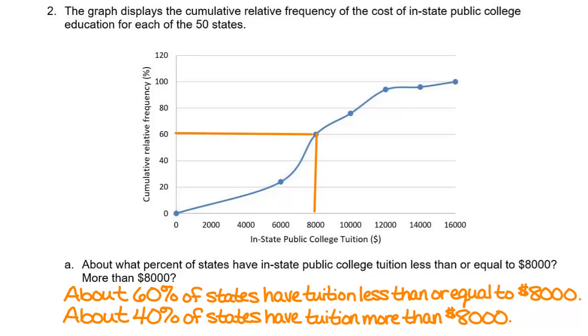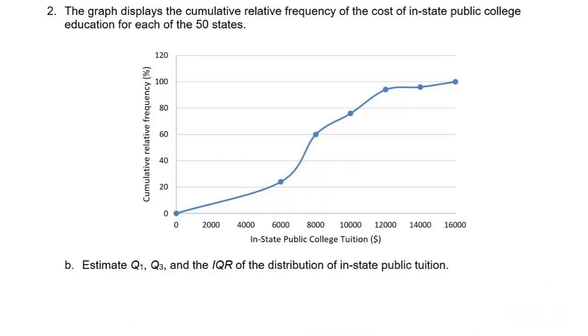What about part B? Let me pull up that question. Same graph, but now we want to find what? Q1, Q3, and IQR.